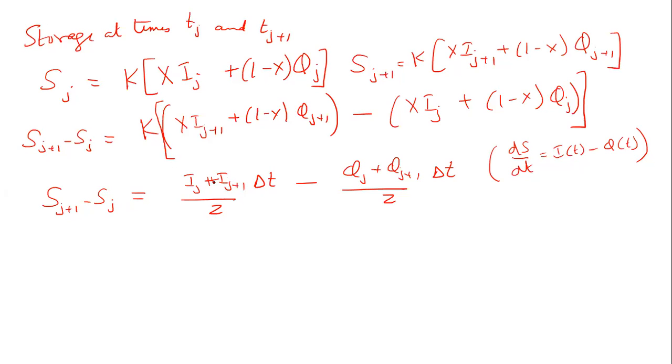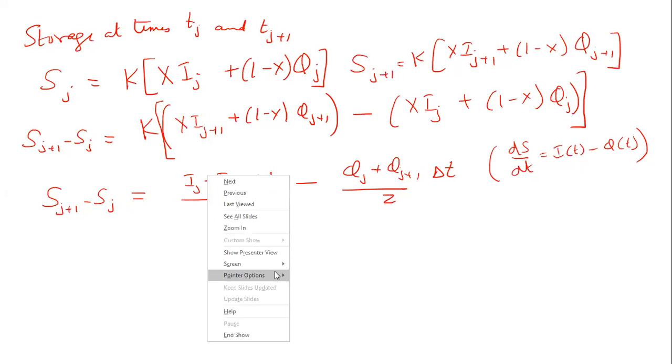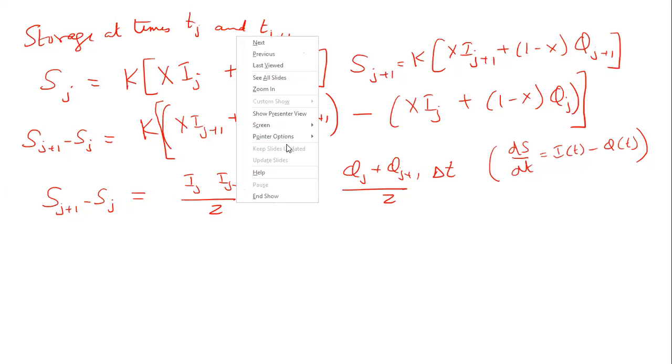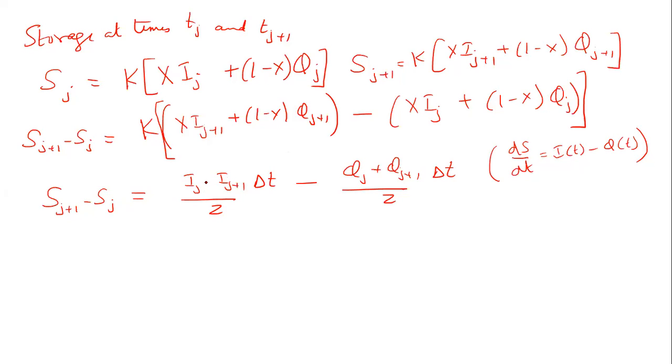So you agree that this equation is valid even for this channel reach, right? S j plus 1 minus S j equal to (I j plus I j plus 1) divided by 2 into delta T minus the corresponding Q terms. This portion is the same as the equation that we wrote yesterday. So now you have two equations with the same terms on both sides.